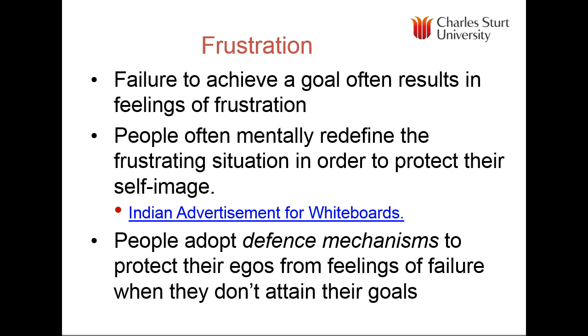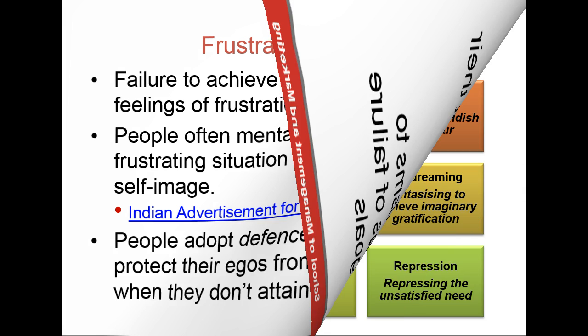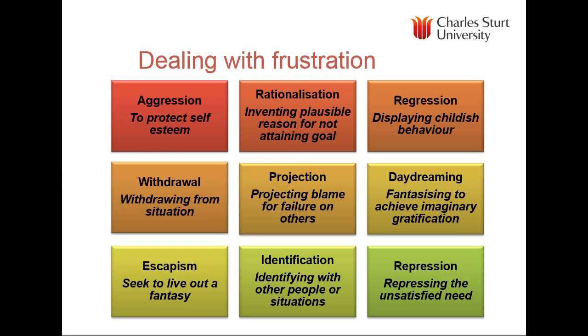So people then adopt what we call defense mechanisms to protect their egos from failure when they don't obtain their goals. So you might not pass the subject or do as well, and so people then don't necessarily change their goals, but what they may do is develop a defense mechanism to deal with the fact that they haven't achieved their goals. And this is shown on the following slide.